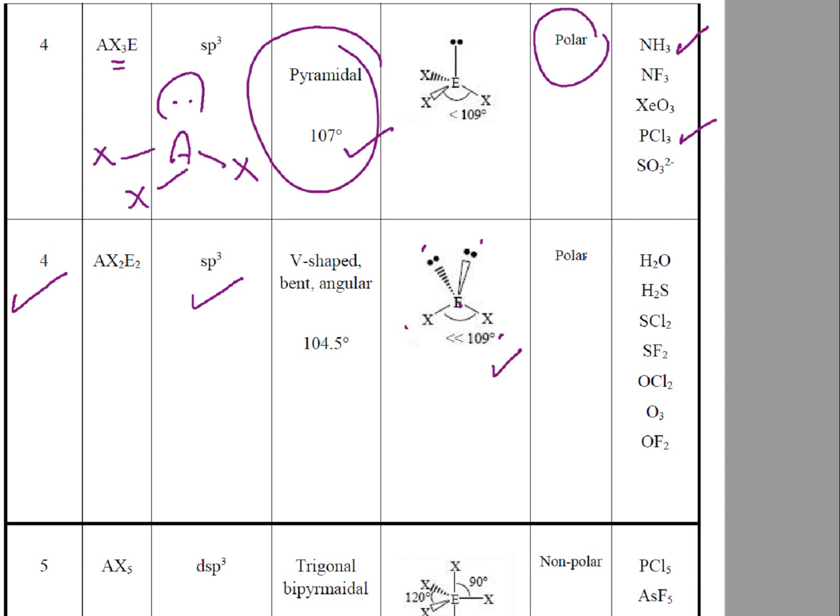But presence of 2 lone pairs are going to repel each other the most and push the bonding pair to one side. So the bonding pair are going to make an angle of 104.5, and the molecule will be V-shaped or bent, and of course it will be polar because the dipoles will not cancel. We have many examples here. The most famous ones are H2O and H2S.